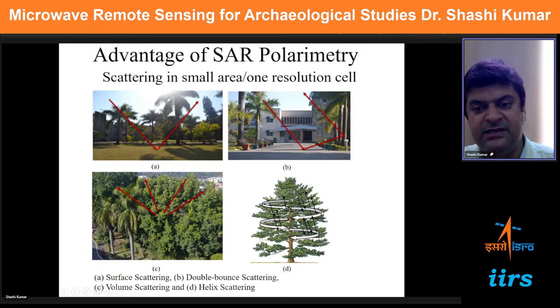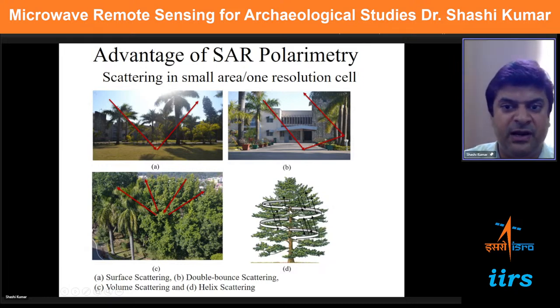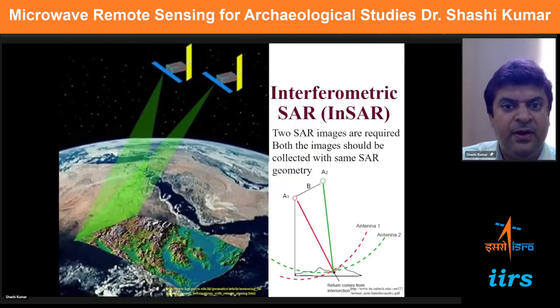And helix scattering is a special condition of volumetric scattering, which we get if the shape becomes helical. At that time, helix scattering will be obtained. So mainly these three to four types of scattering elements we are retrieving from the SAR data set, and they have their unique scattering patterns, and we are doing the analysis based on that.